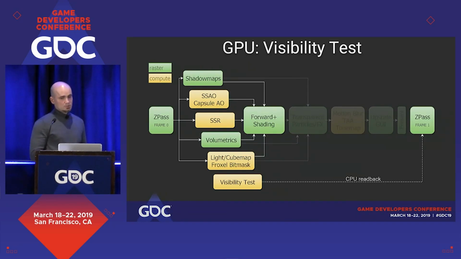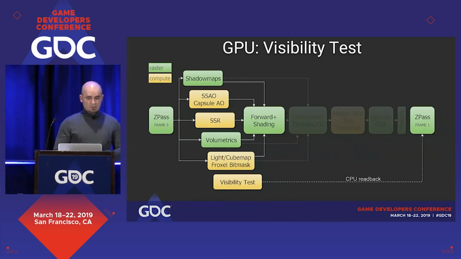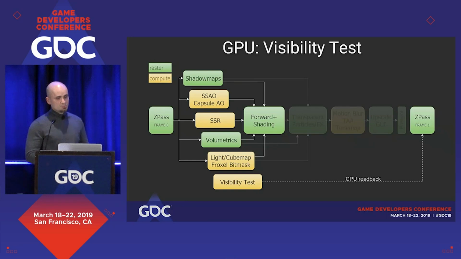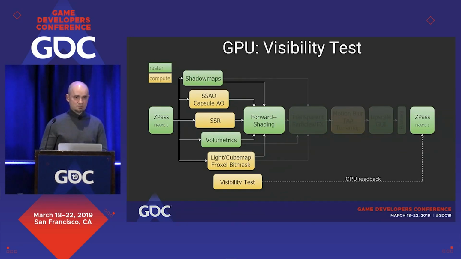So it's possible at this moment to kick a GPU visibility test for the next frame just in the middle of rendering the previous frame. But we want this job to run as early as possible on GPU because we then wait for this data to be able to start writing the next frame Z-pass on CPU. So therefore it's placed before our forward plus pass.